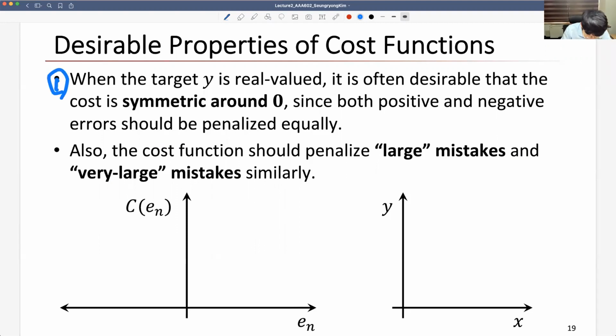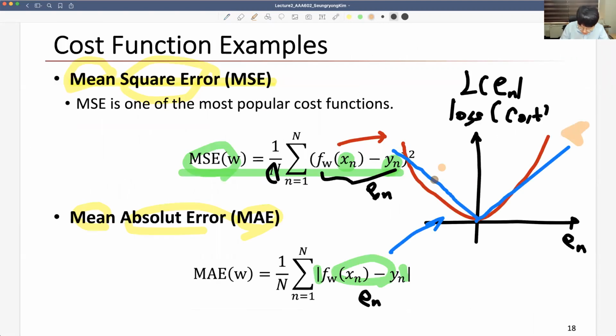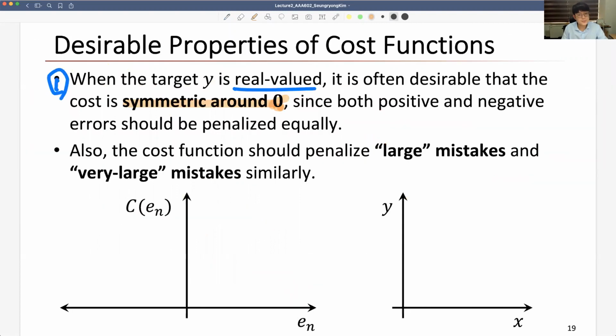The first one is, when the target y is a real value, it is often desirable that the cost is symmetric around zero, something like here, right? It is symmetric across the y-axis. Why? Because both positive and negative errors should be penalized equally. So what does it mean?